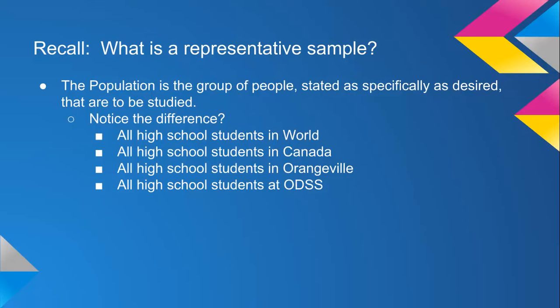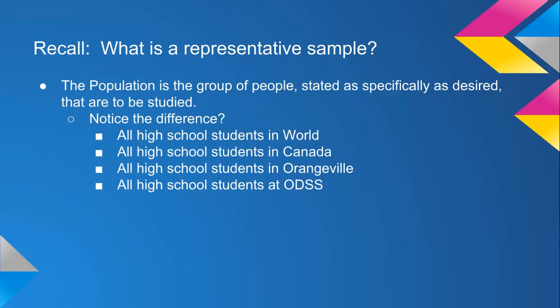You just have to realize that the difference is being more specific. You're going to get an increased amount of bias depending on your sample. My guess is if you want to sample all high school students in the world, you're not going to do a very good job if you don't get a representative sample of the world. It's almost impossible to do.